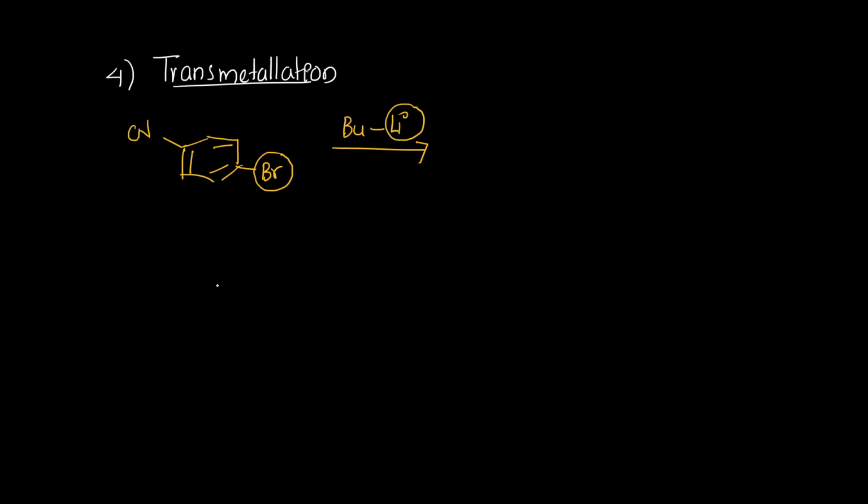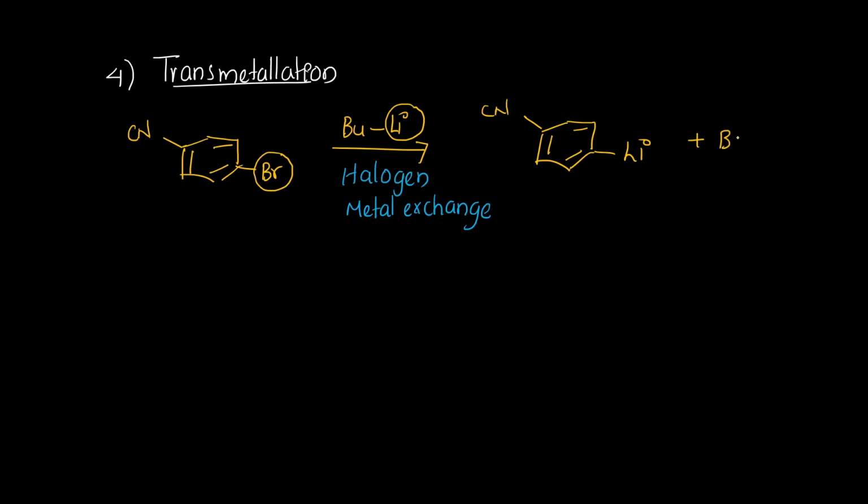So it will undergo a halogen metal exchange. So these two will simply swap their places. So you will get, in the place of bromine, the lithium, plus in the place of lithium, you will get the bromine.